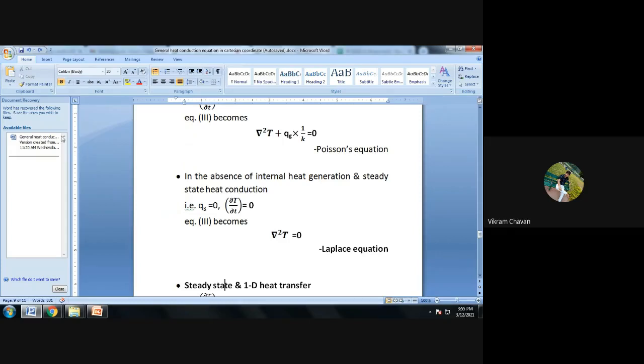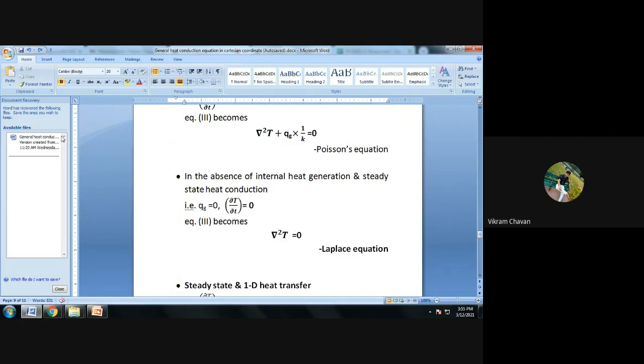Remember the conditions. For the Fourier's equation, the condition is no internal heat generation. In that case, the equation is called a Fourier's equation. For the Poisson's equation, steady state heat conduction. In that case, the equation is called a Poisson's equation.